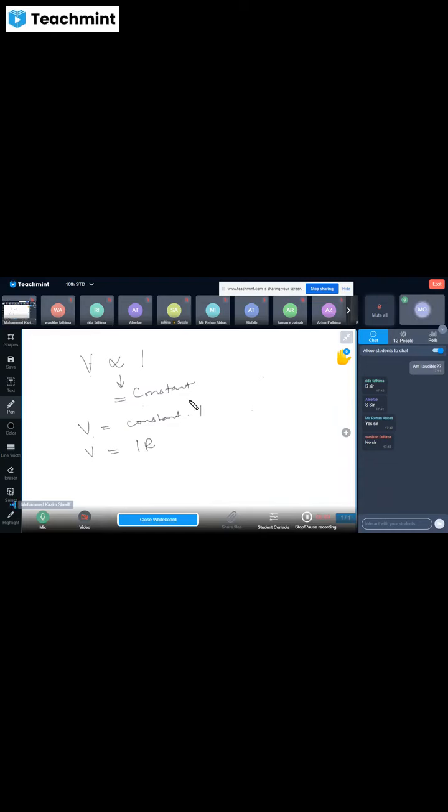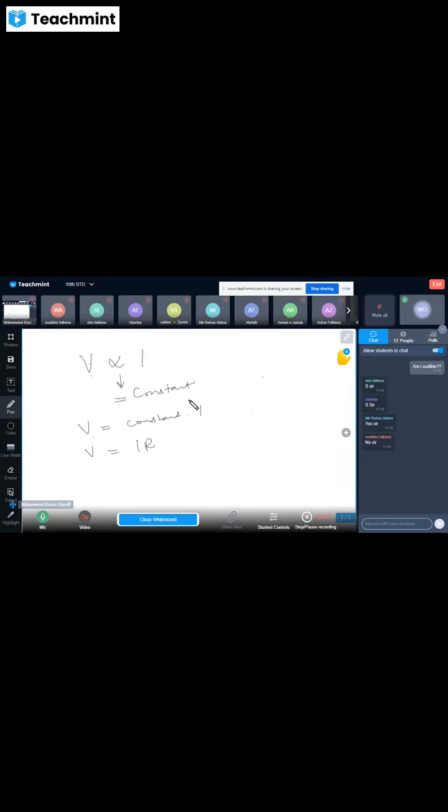Is it clear till here? Ohm's law states that the potential difference between two ends in a conductor is directly proportional to the current flowing through it. If I increase the potential difference, the current increases.